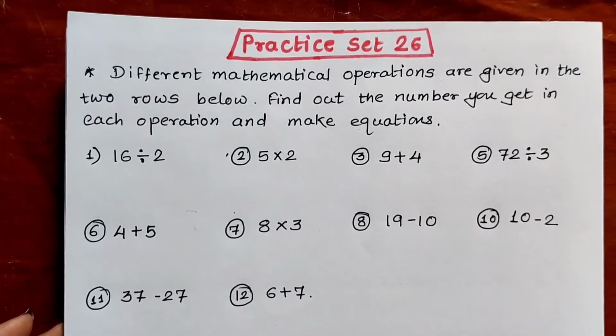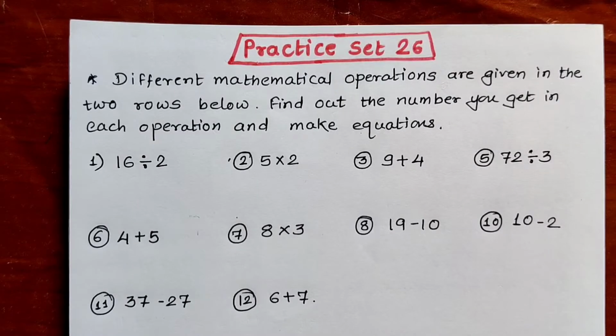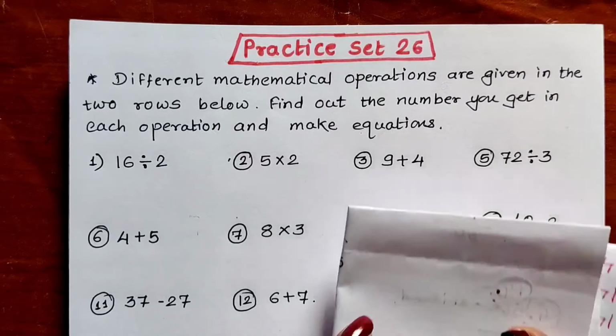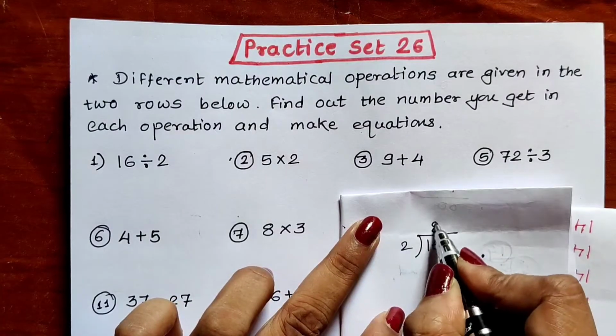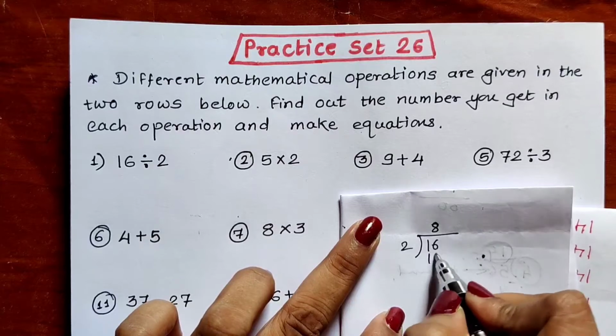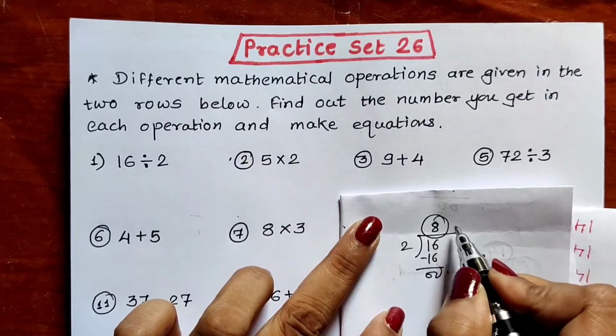I have written these expressions as they are. Now we will solve them and find out the answers first. Okay, so first operation is 16 divided by 2. You all know 2 8s are 16, correct? So the answer is 8.